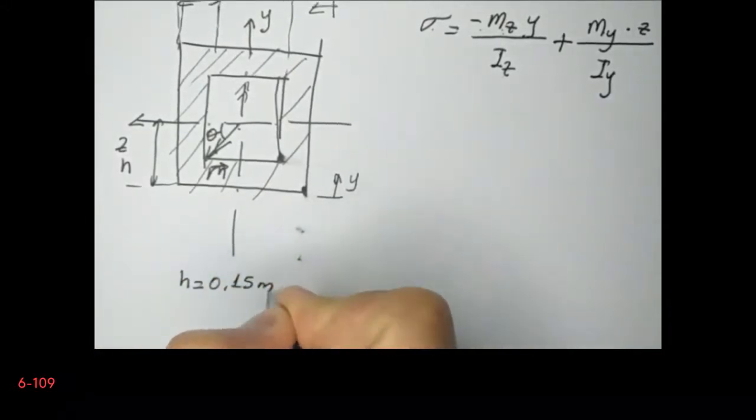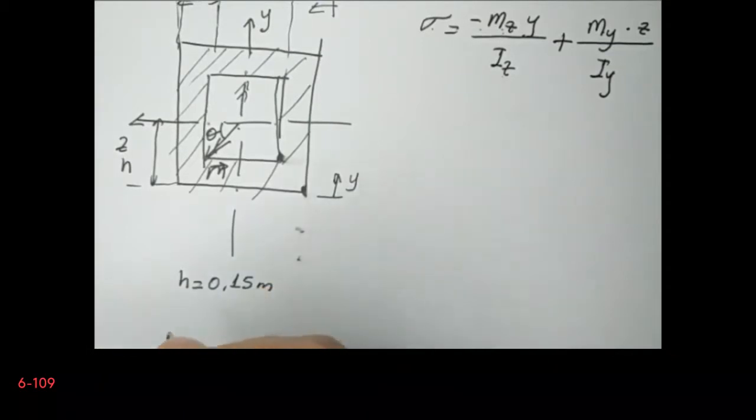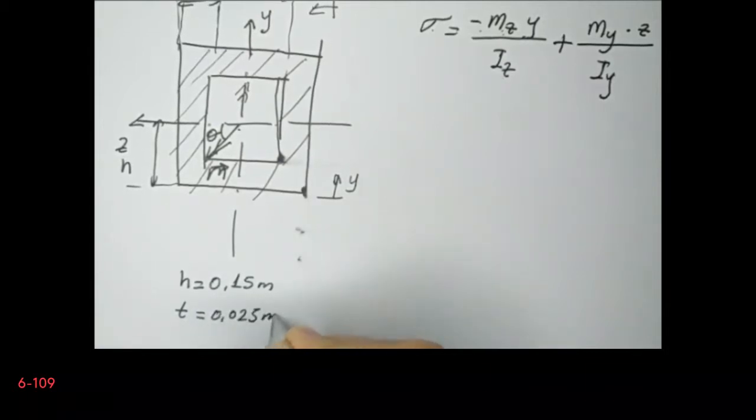T is equal to 25 millimeters, so it is 0.025 meters.